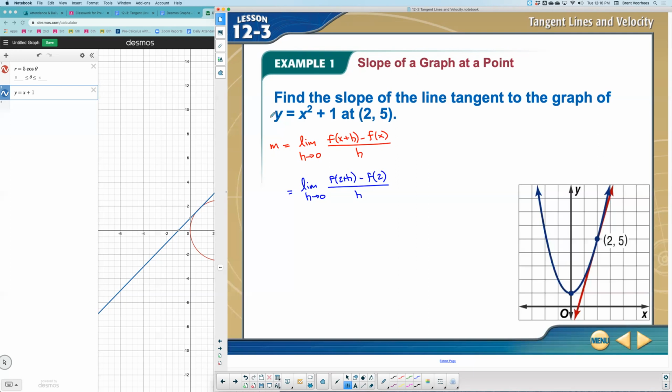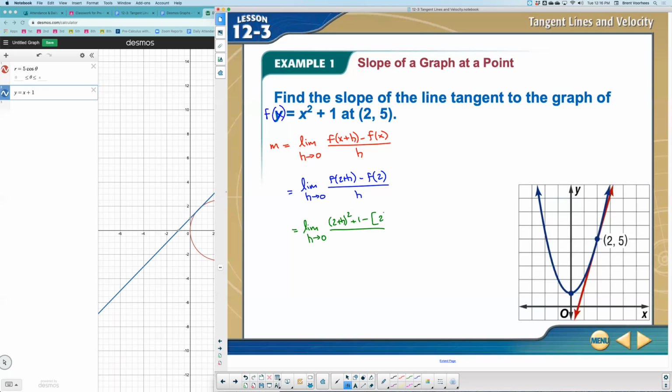Now I'm going to substitute these into the equations. Honestly, using this formatting, I should call this f of x rather than y, or I could say y parentheses, but that would look weird. So I'm going to change that just to f to make sense of this. I'm going to plug in 2 plus h. So this will equal the limit as h approaches 0 of 2 plus h quantity squared plus 1, and then minus, I'm subtracting this whole f of 2.